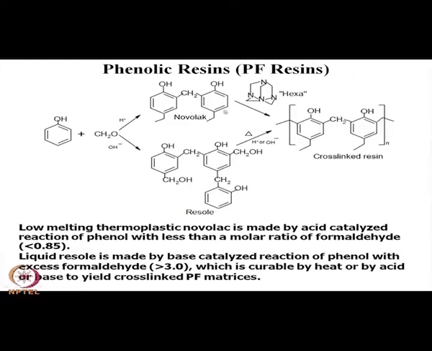In the organic phase, this resin will be there, in the water phase other things will remain, and this organic phase will be taken out, and on cooling it becomes a brittle solid. These reactions are carried out at around 80 to 90 degrees Celsius for more than 1 hour. So, this is in brief the chemistry of this phenolic resin, which is a good thermoset matrix resin for making composites.